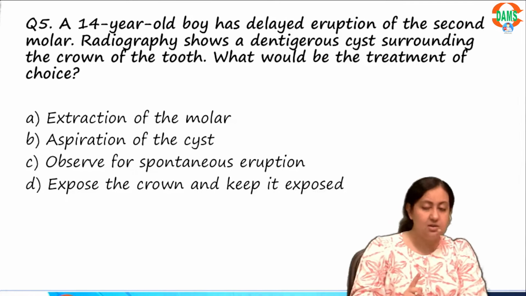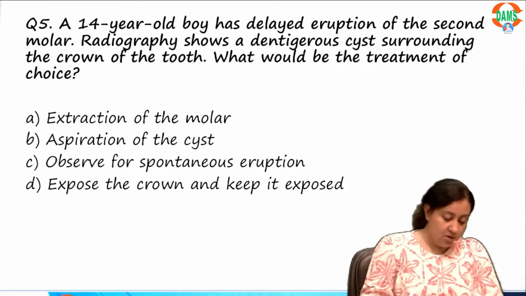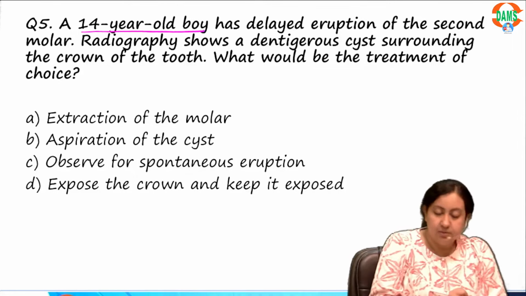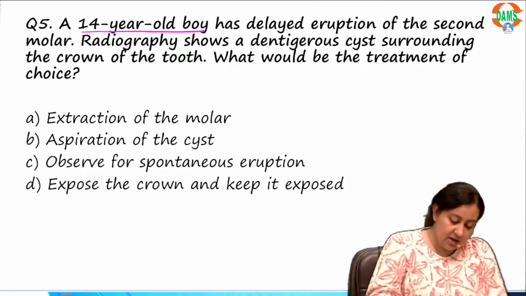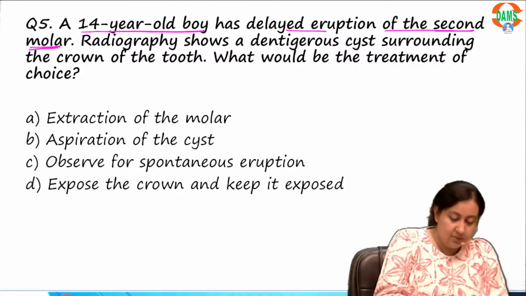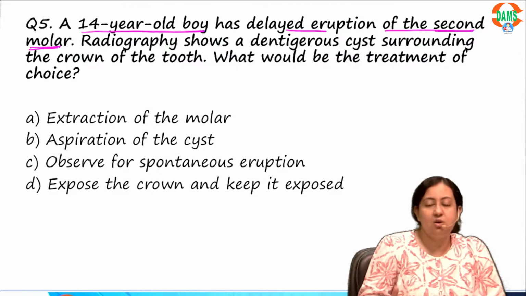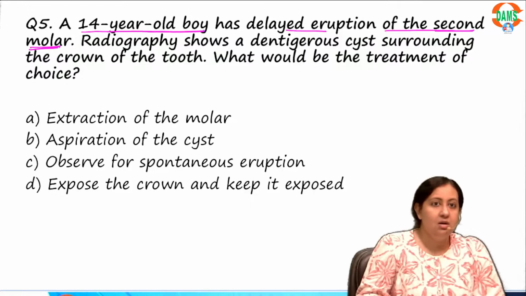Okay, so let us understand the question. A 14-year-old boy, so a young patient, has delayed eruption of the second molar. Delayed eruption, that means it has reached its chronological age and is now beyond it.